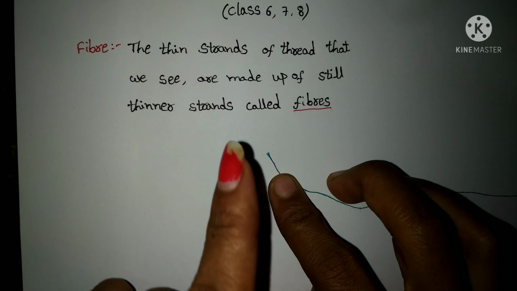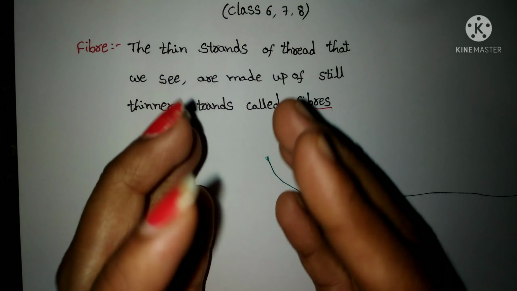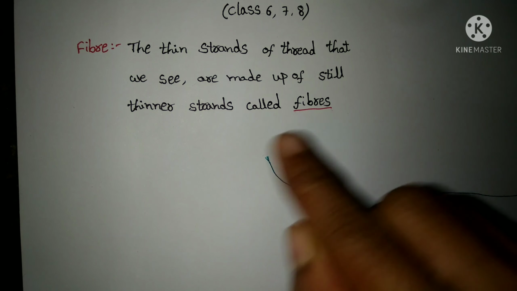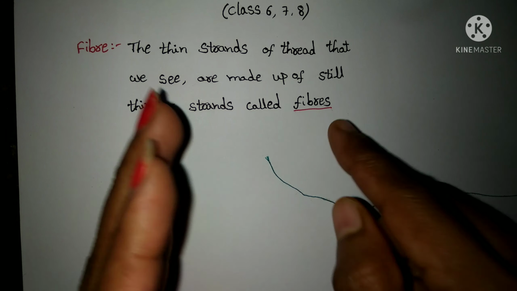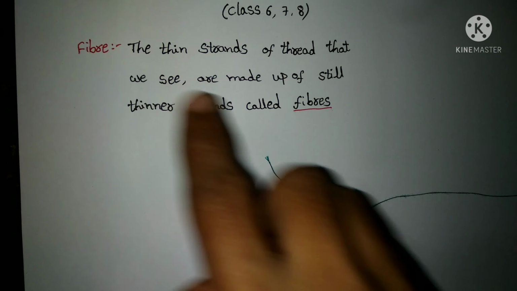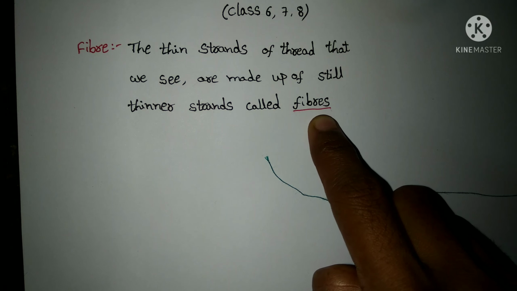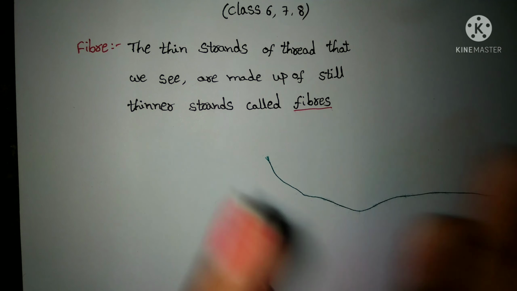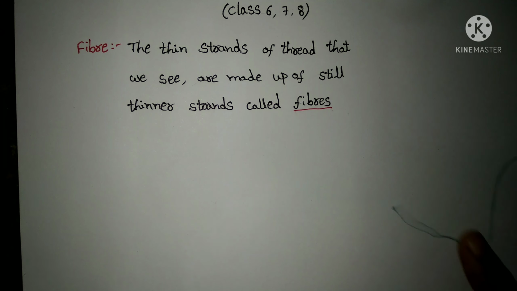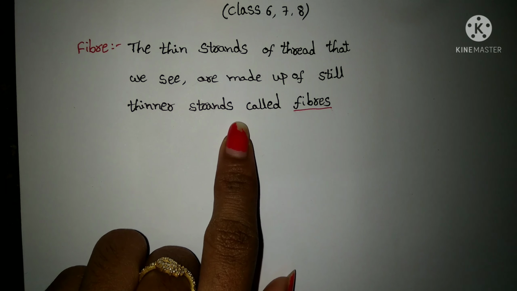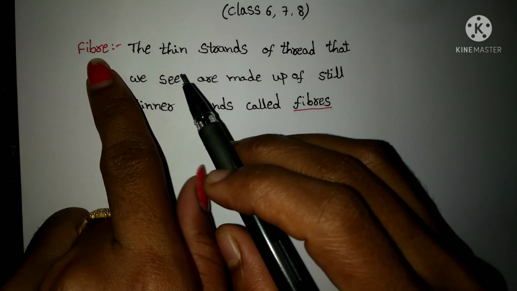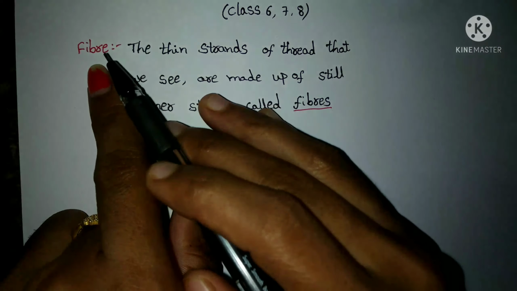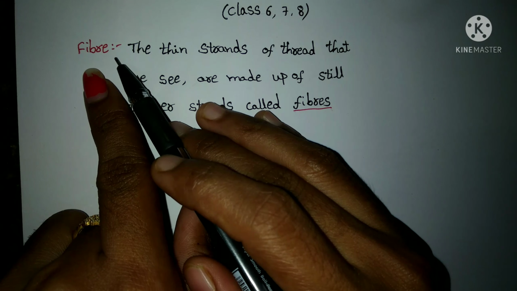If you take a bulk number of thinner strands, those are fibers, plural. The difference between fiber and fibers is that fiber is singular and fibers is plural; excluding singular and plural, both are the same. Clear, students? That is the definition of fiber. Many students write the fiber spelling as F-I-B-E-R. That is the wrong spelling. It is F-I-B-R-E, fibre.